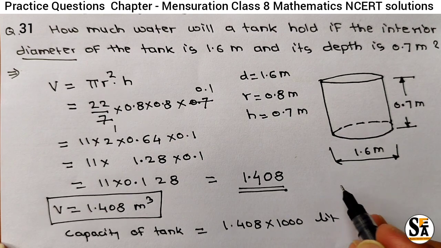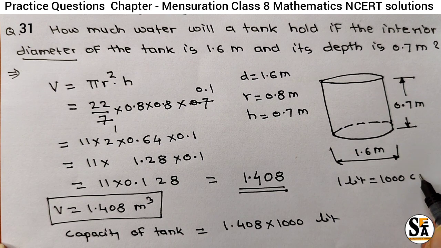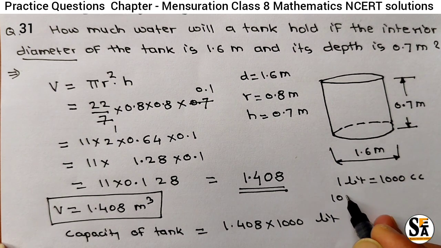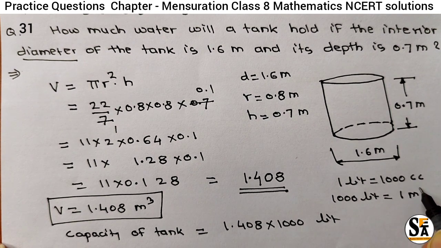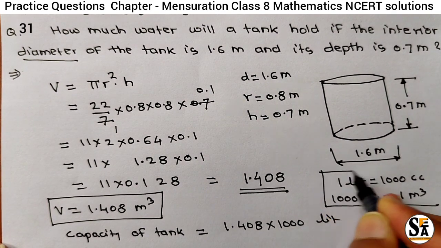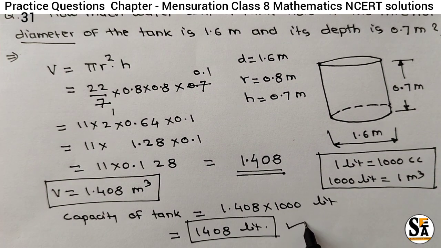Always see, for 1 liter we need 1000 cc, that is 1000 liter will be equal to 1 meter cube. So this is the conversion ratio between liter and centimeter or meter cube. So our answer is the tank will hold 1408 liter of water.